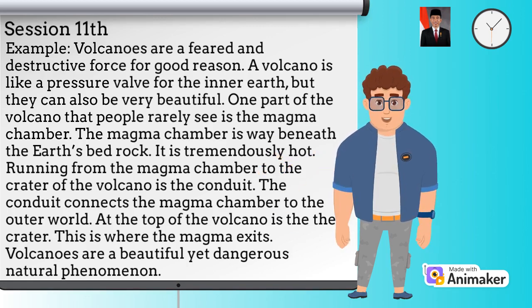It is tremendously hot. Running from the magma chamber to the crater of the volcano is the conduit. The conduit connects the magma chamber to the outer world. At the top of the volcano is the crater. This is where the magma exits. Volcanoes are a beautiful yet dangerous natural phenomenon.